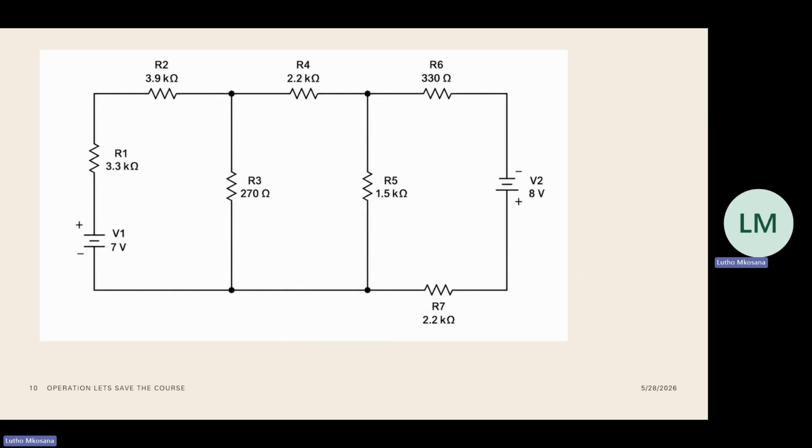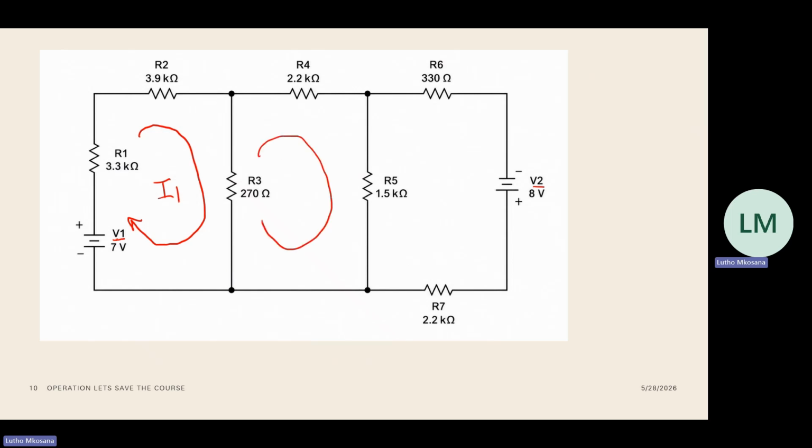So we have two supplies. We have V1 and then we have V2. So we will have 3 loops in this particular exercise. We will have this loop, which we are going to term as I1. We have this loop.